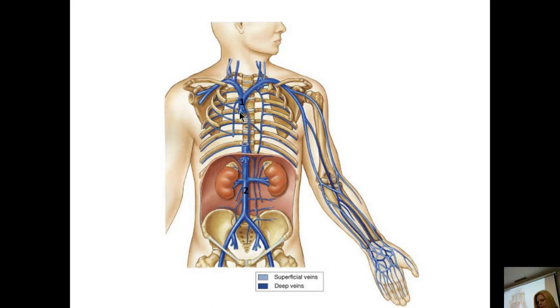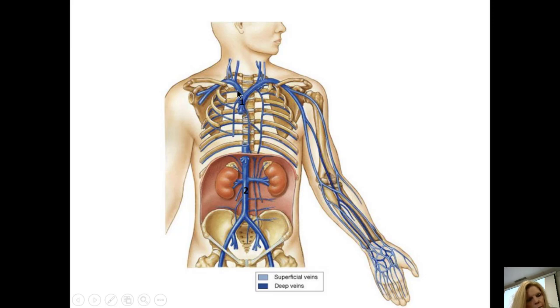And the inferior vena cava leads to that right atrium, bringing blood from the abdominal area. So we have the superior vena cava above the right atrium and inferior vena cava from below. Both of those are veins bringing deoxygenated blood back to the heart to be pumped to the lungs again.